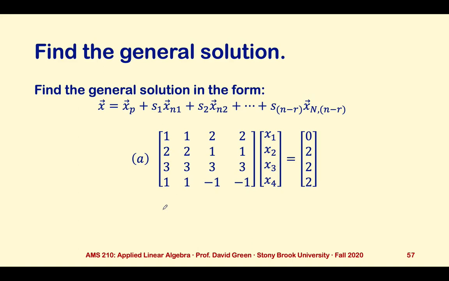All right. We've now gone through 3 examples of finding special solutions to a homogeneous system. I'd now like to work through 2 examples finding the general solution for a non-homogeneous system using the form that we've discussed in the videos: a single particular solution, plus a set of linear combinations of special solutions.